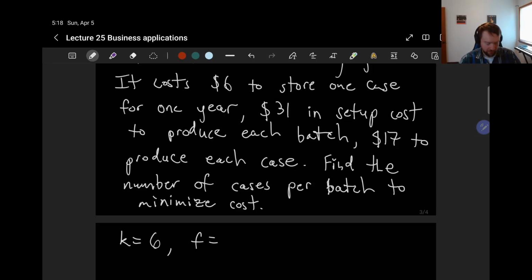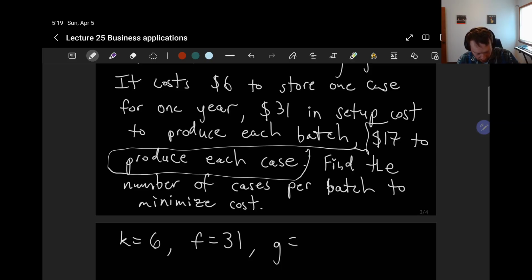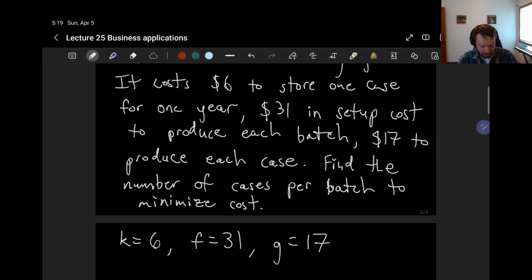All right, my variable F is that fixed setup cost for manufacturing whenever we're going to make a batch. That would be this right here in setup cost to produce each batch. So F is 31. I'll go ahead and find G, but it won't really affect our problem. The cost of manufacturing 1 unit, in that case, we're talking about cases of honey. So G is 17. It's actually not used in the formula, turns out.